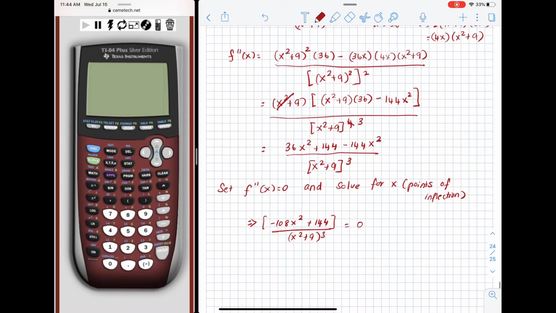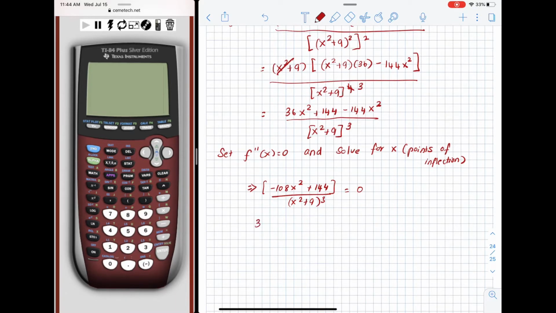Equals 0. I have a 36 in common. If I pull that out, I have negative 3x squared plus 4 equals 0. X squared would equal 4 over 3, which would mean x is plus or minus square root of 4 over 3.